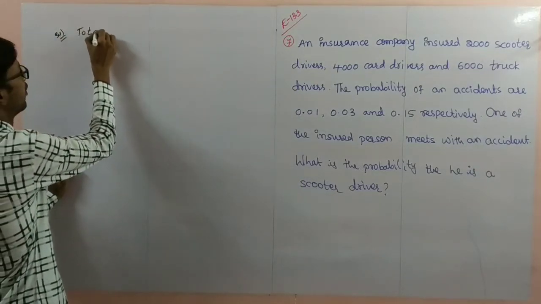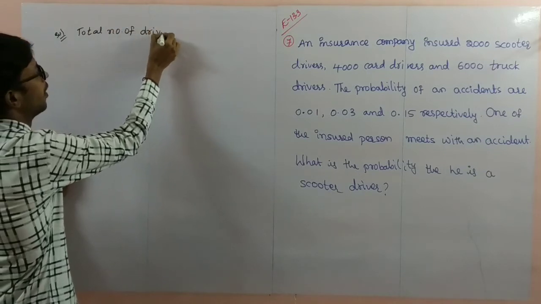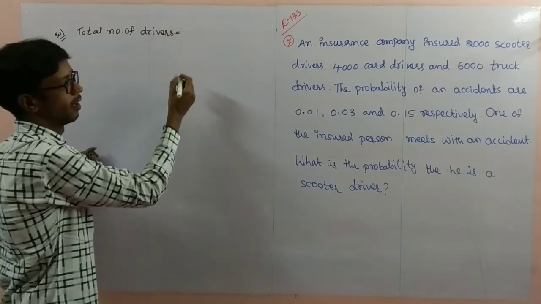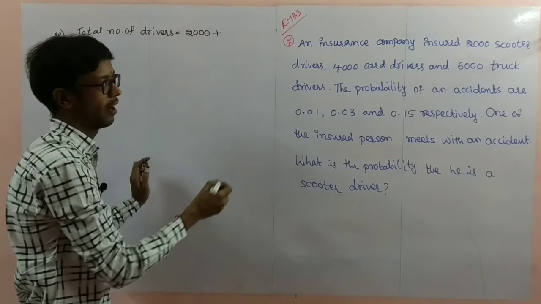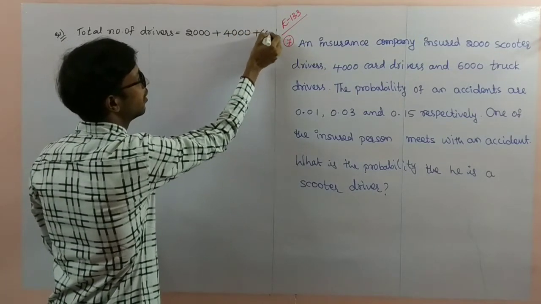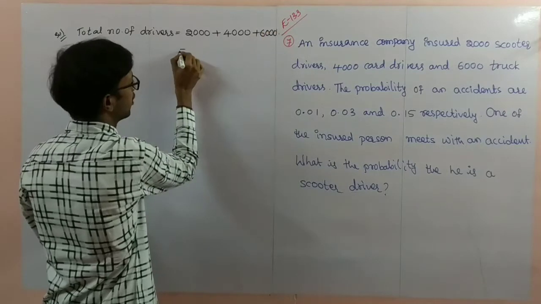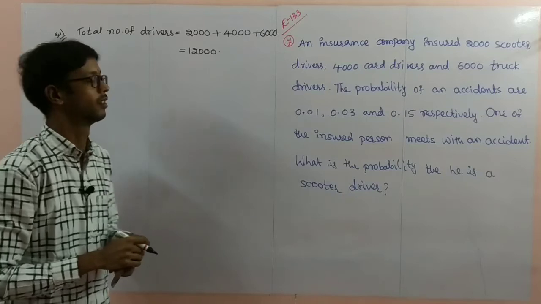Total number of drivers equals 2000 scooter drivers, 4000 car drivers, 6000 truck drivers. Total 12,000 drivers were given insurance.